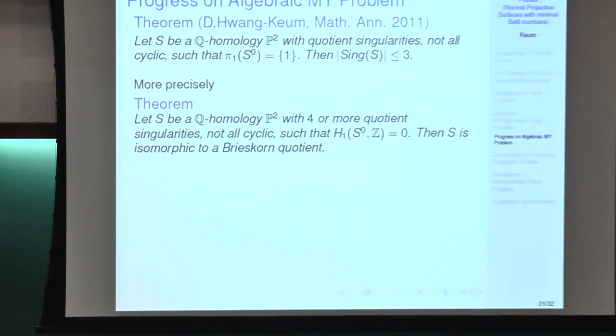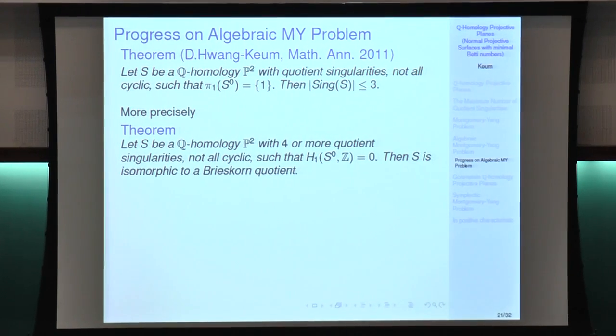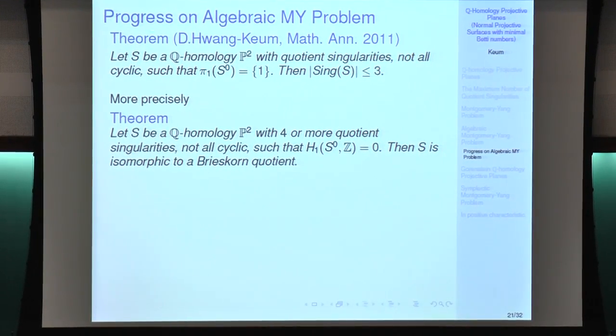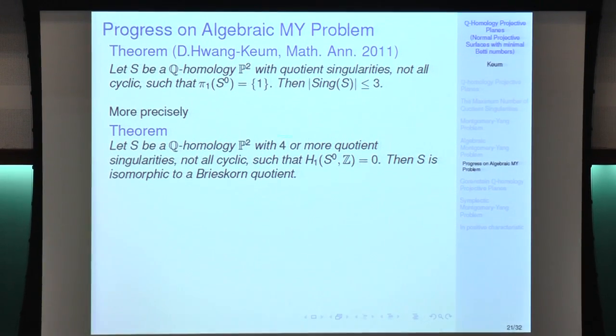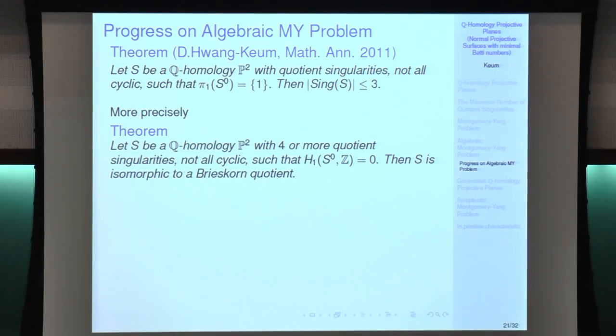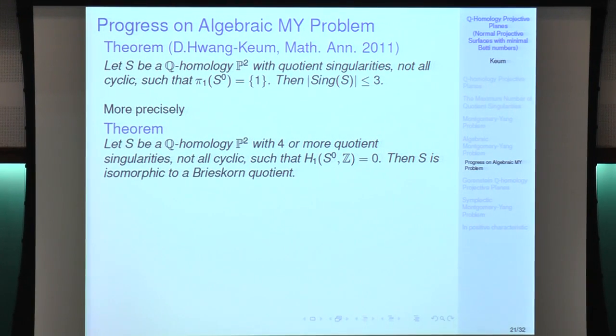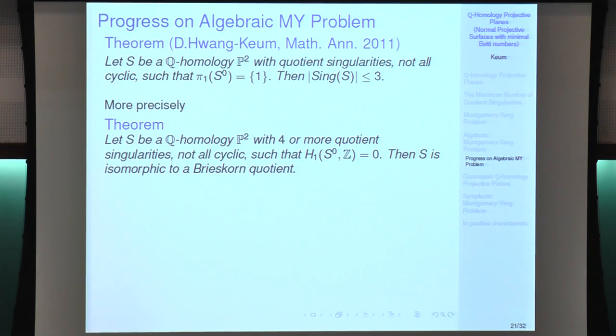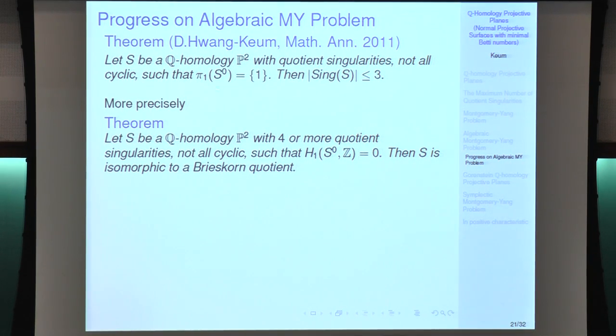So now, from the viewpoint of the algebraic Montgomery-Yau problem, we don't worry about the non-cyclic case. So we may assume that every singularity is cyclic. This is the original situation coming from the Montgomery-Yau problem.